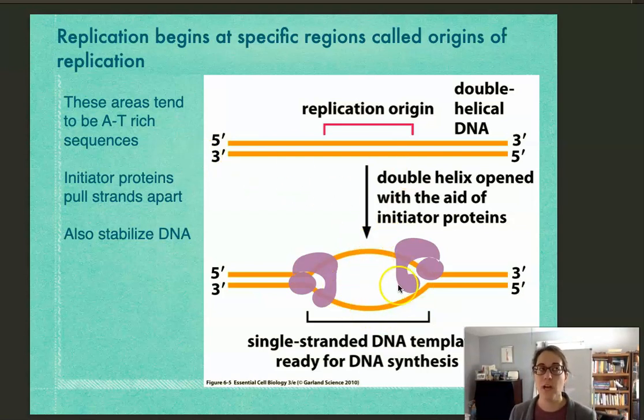But remember, we're not breaking any covalent bonds when we're melting apart or peeling apart the 2 strands of the double helix. We're just breaking hydrogen bonds. So this is done by initiator proteins. So these purple guys are initiator proteins. They're what actually open up the origin of replication. And then, as I said, subsequently, we have these single-stranded binding proteins, which stabilize the DNA and prevent it from spontaneously reforming those hydrogen bonds.